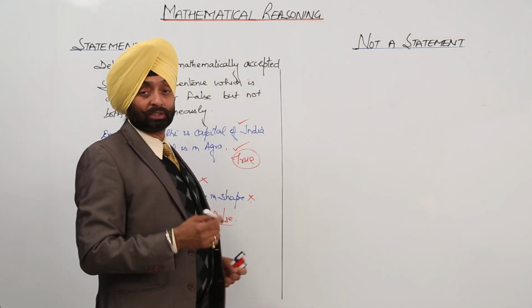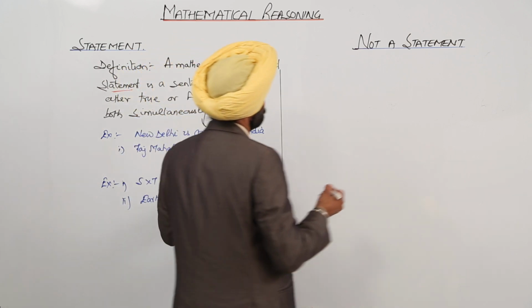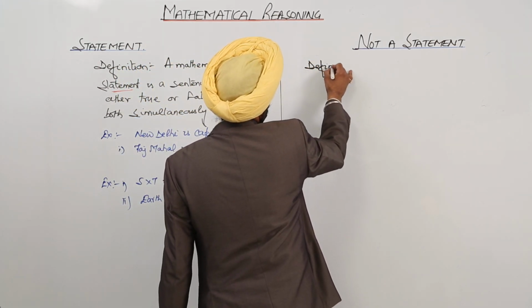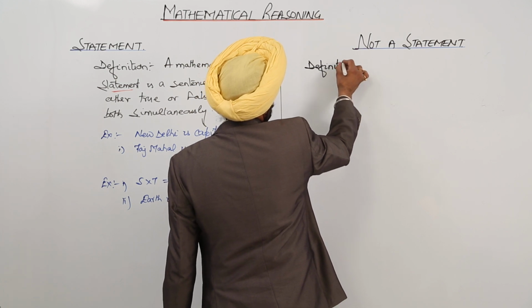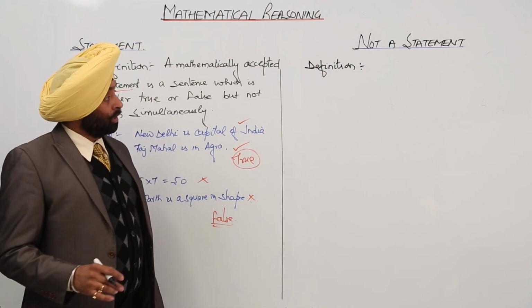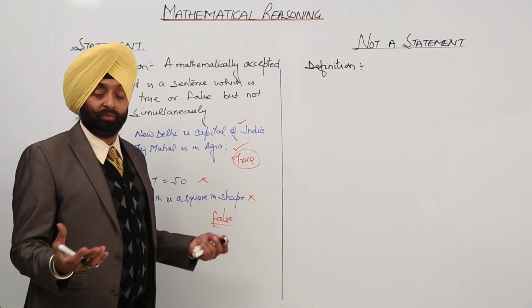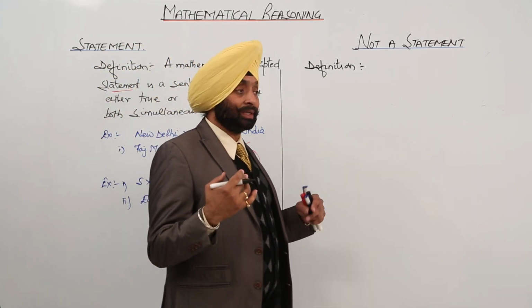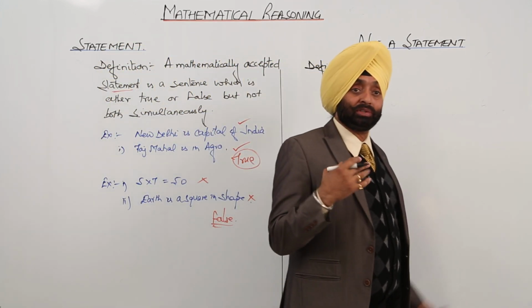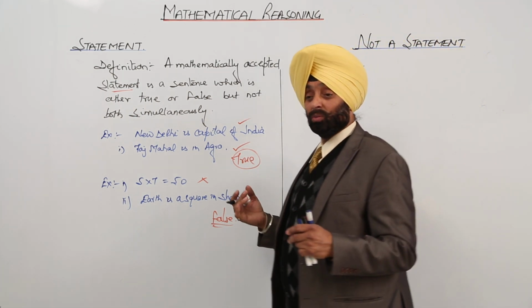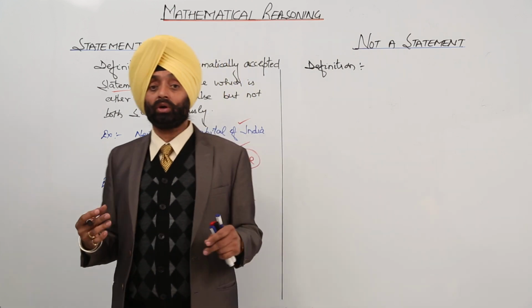Now for not a statement, I gave you an example that today is Sunday. So I can't say whether it is true or it is false. Don't think about why we can't say it. Suppose I forget what today's day or today's date is.